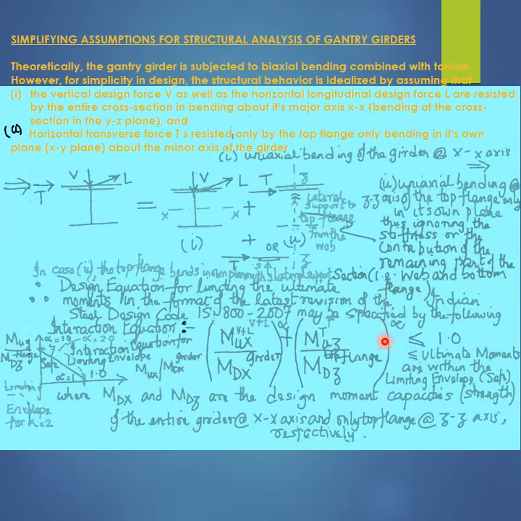For alpha equal to 1, which is the simplest and the most conservative representation of the limiting envelope or the envelope of the limiting values of the ultimate bending moments about the major axis XX and the minor axis ZZ of the girder cross section.